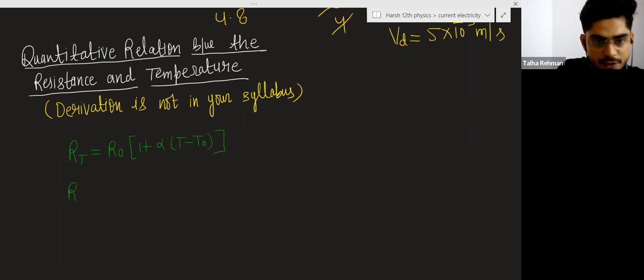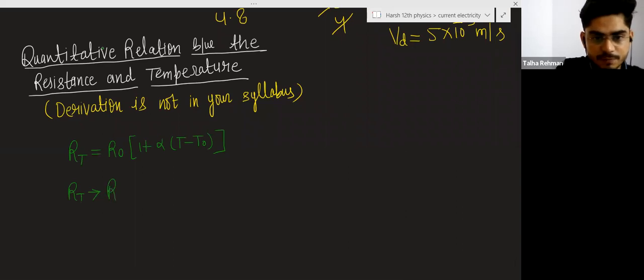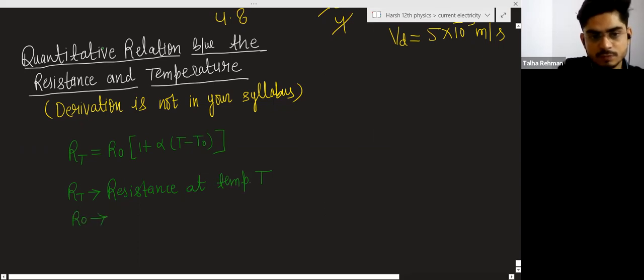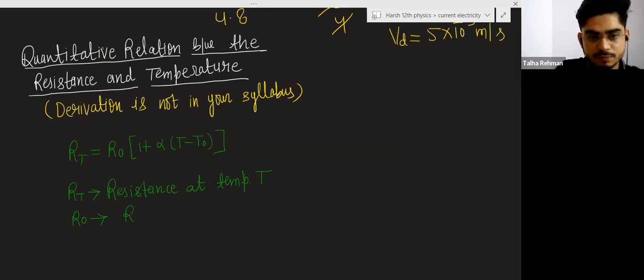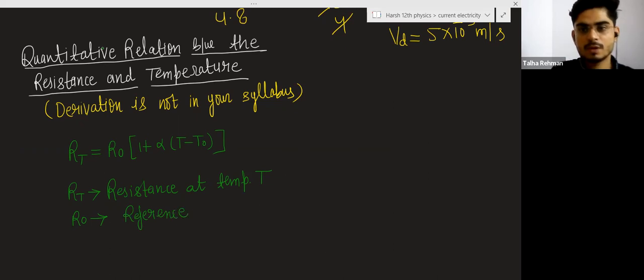And RT is the resistance at temperature T. R naught is the resistance at the reference temperature.